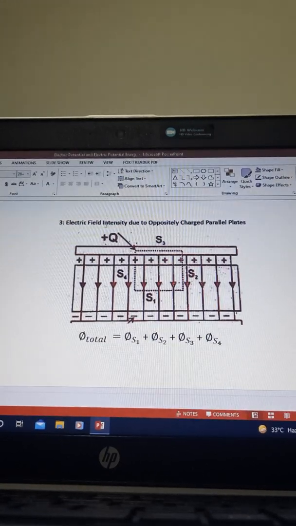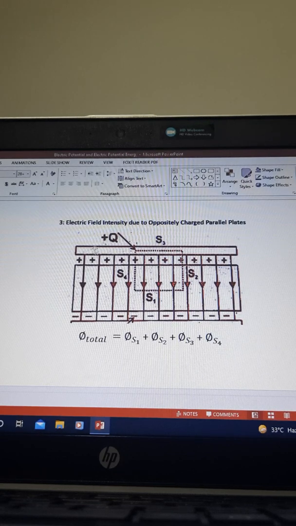Now the third application of Gauss's law, which we are going to derive today, is about the electric field intensity due to oppositely charged parallel plates. Look, all the terms the system requires are actually included in the title of this application.